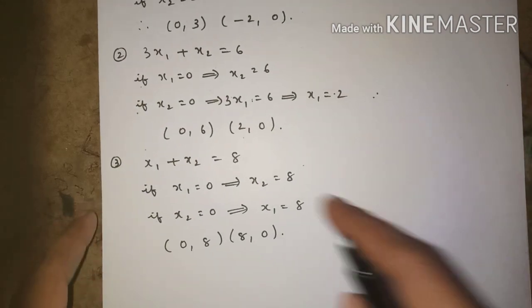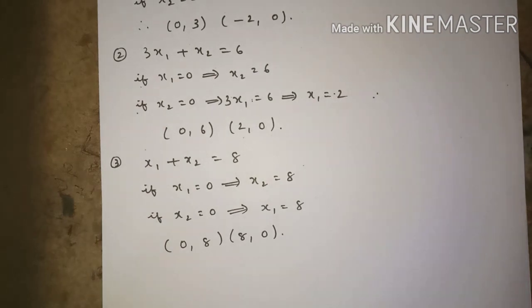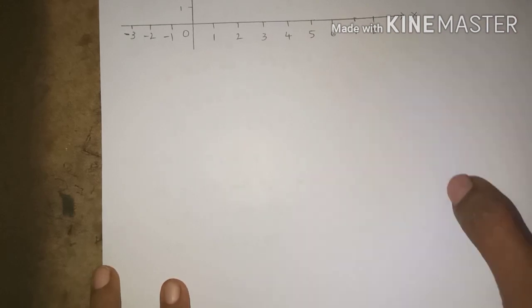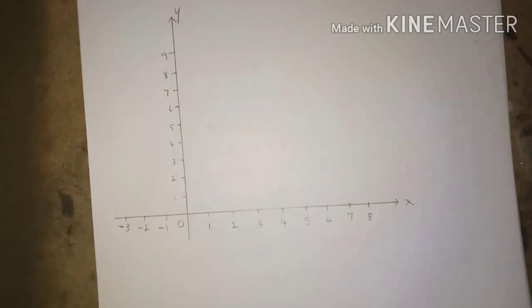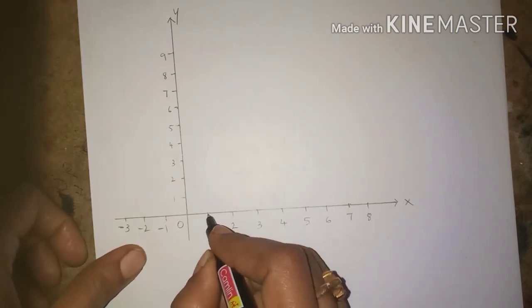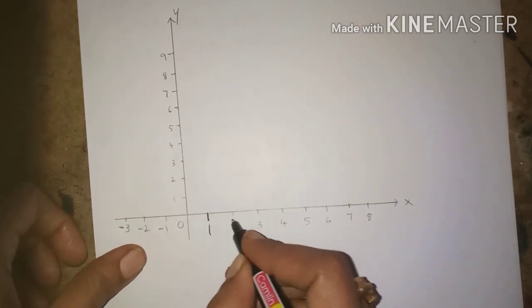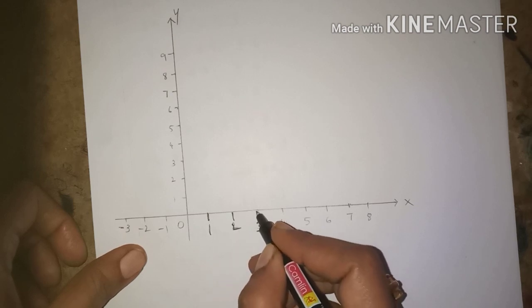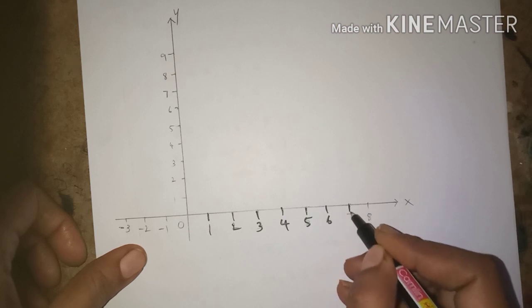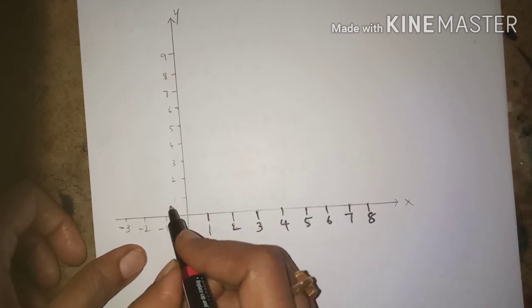Now we will draw. If you observe, all the points are between -2 and 8 only. That's why we will draw the graph in this form. Now the graph is in this form. The points I have taken are 1, 2, 3, 4, 5, 6, 7, 8.